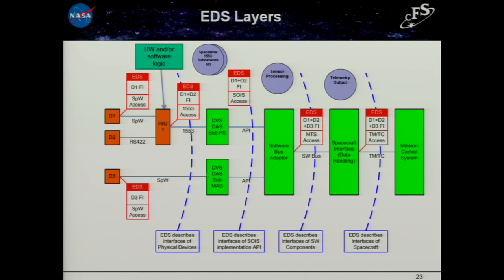You can import a lower level one into a higher level one, and then add and combine packets and stuff like that. Ultimately, you end up with the ground system database, which is like the EDS for the spacecraft, in XTCE. We're not trying to define what that format is, but that's the end goal, starting from a device and working all the way up the stack.